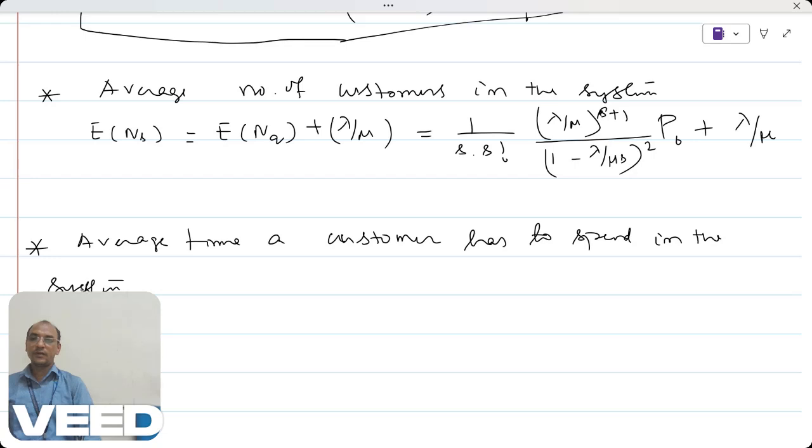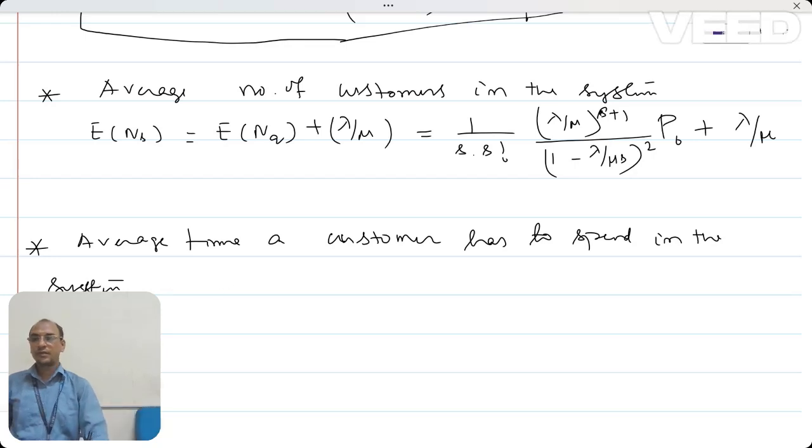In the system will be nothing but E of Ws, and that is nothing but 1 by lambda E of Ns. E of Ns, and that is equal to 1 by mu.